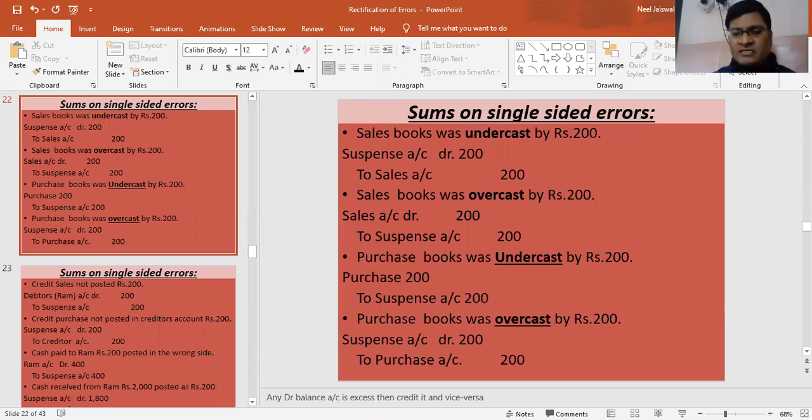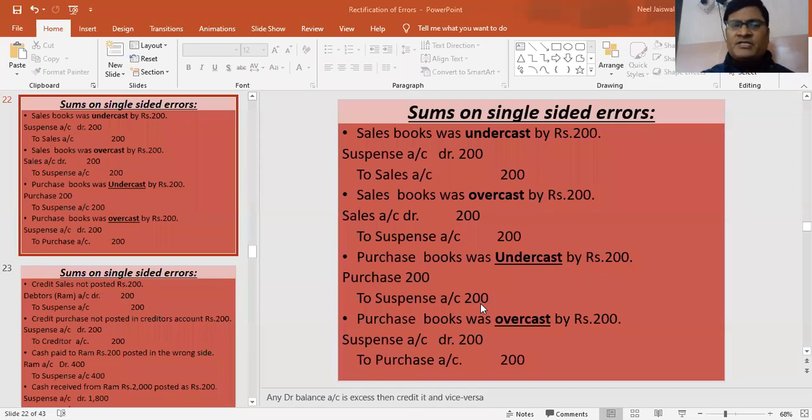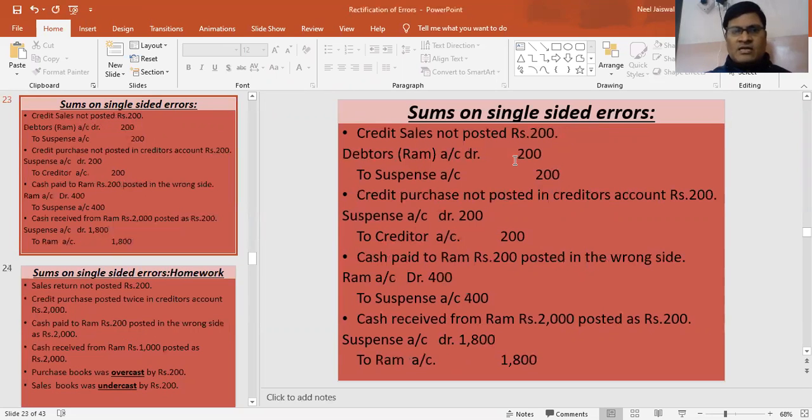Any credit balance account in excess, credit it, and any credit balance account in deficiency, debit it. Remember this punchline. So we have seen that if a debit balance account is in deficiency, we debit it; if it is overcast, we credit it, and vice versa. That was the punchline.